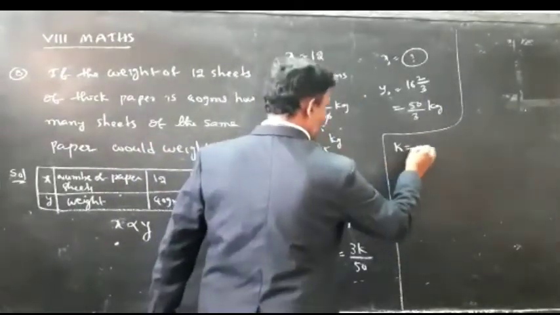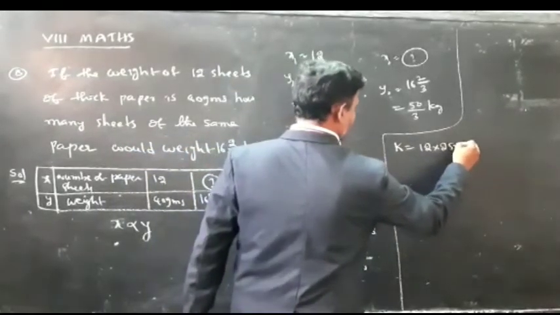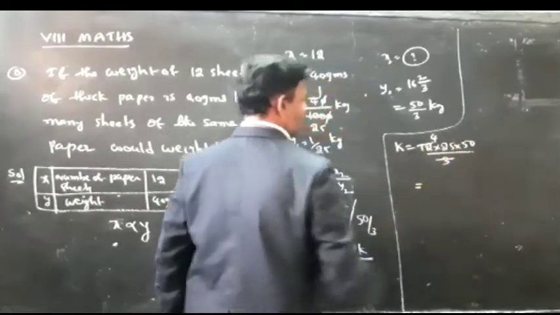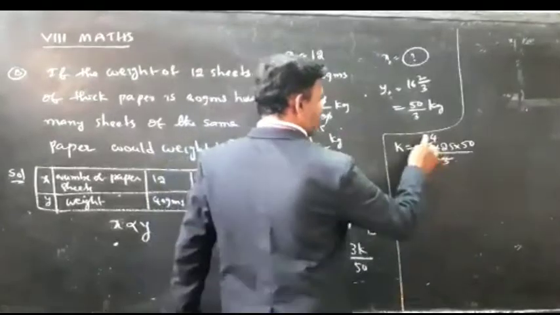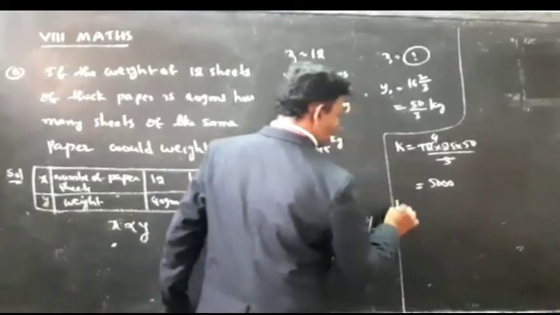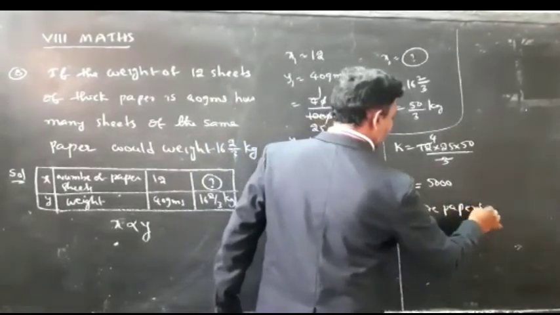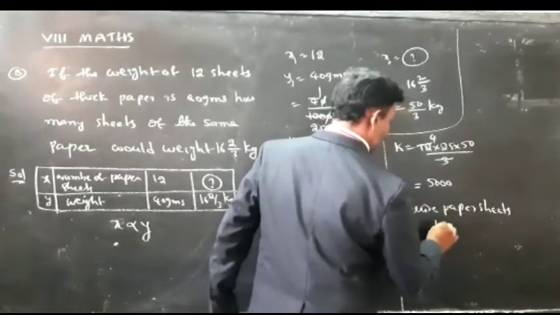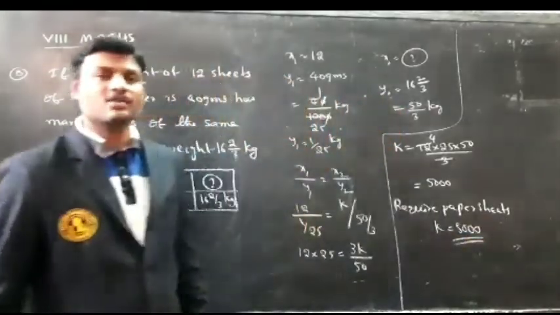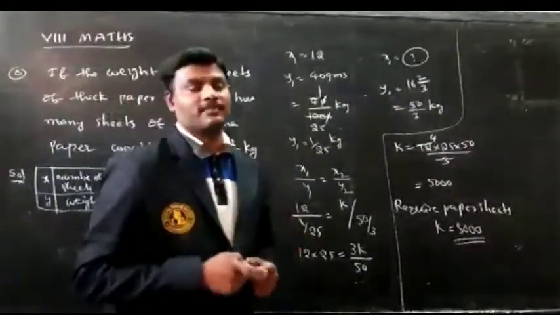So from this, k is equal to 12 into 25 into 50 by 3. 3 ones are 3, 3 fours are 12. Then we know 25 fours are 100, 100 into 50 is 5000. Here required paper sheets, k is equal to 5000. So I need 5000 paper sheets to get the weight of 16 2 by 3 kgs.